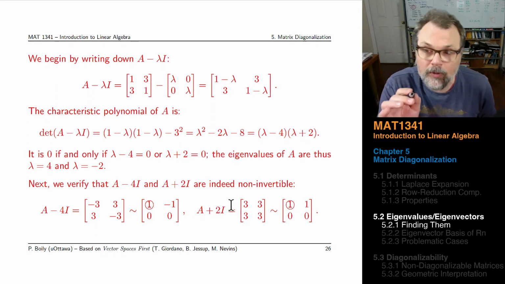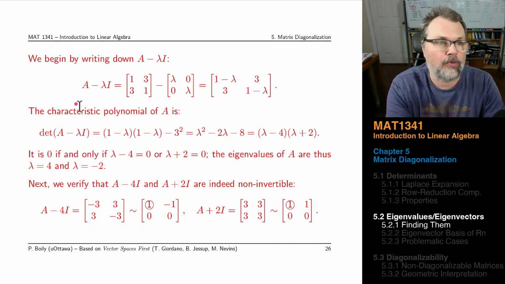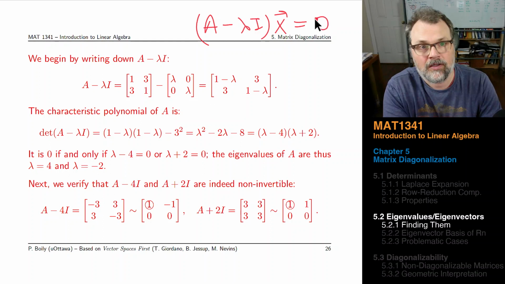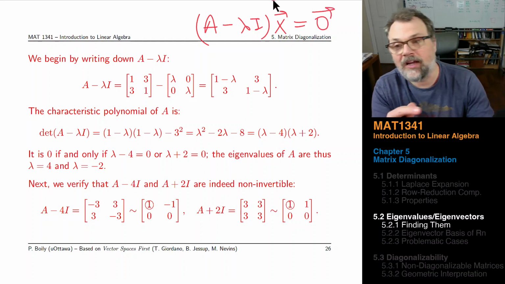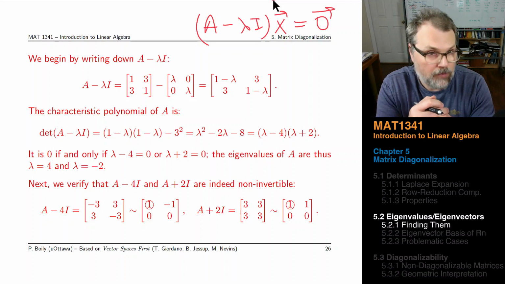And according to what we've discussed previously, any other value of lambda would give you an invertible A minus lambda I, so that you would have only the trivial solution to this system. And hence, this system does not have an eigenvector corresponding to the eigenvalue that you've picked.